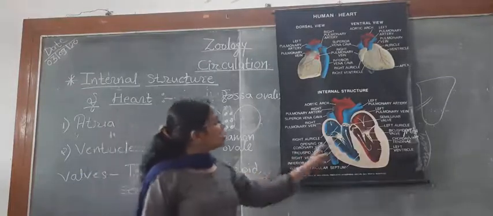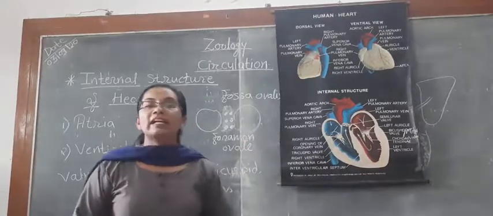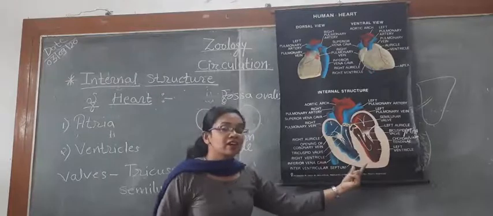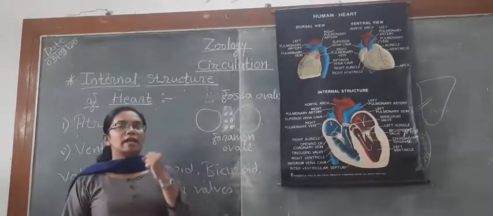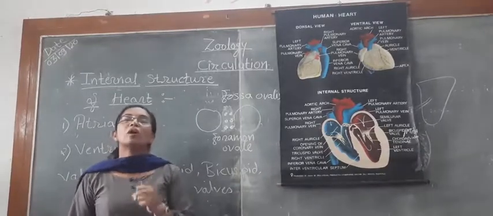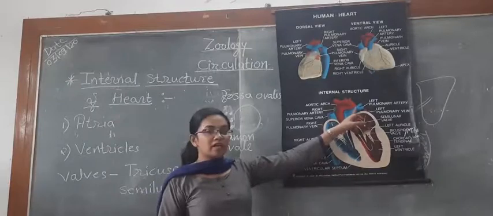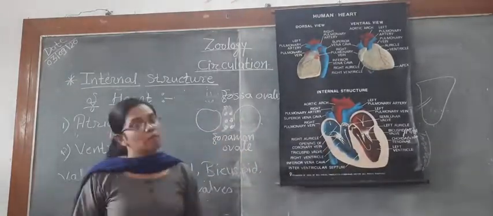The next is the ventricles. Ventricles are comparatively large. They are placed inferiorly and have thick-walled structure because the ventricles actually pump the blood. Here it pumps the blood into the pulmonary trunk. Here it pumps the blood throughout the body.